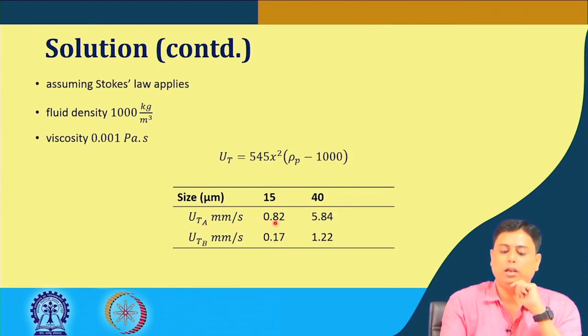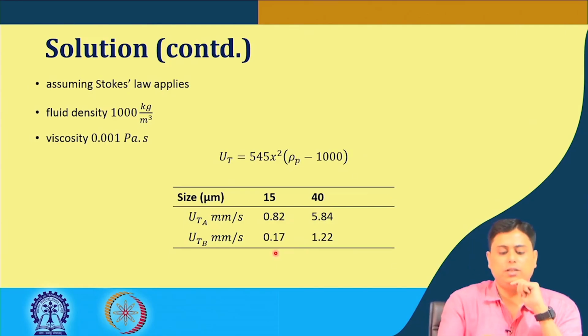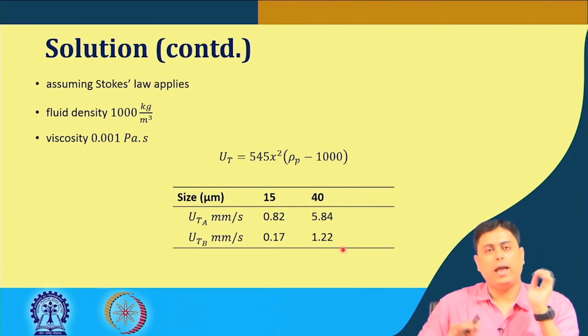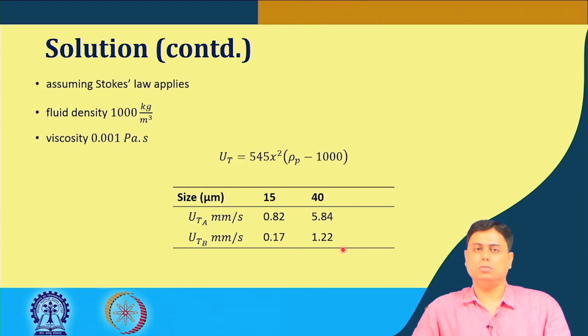This UT for the small particle comes in between, which means this 15 micron particle will come with the material B, and the complete separation of A and B will not be possible since there is overlap.